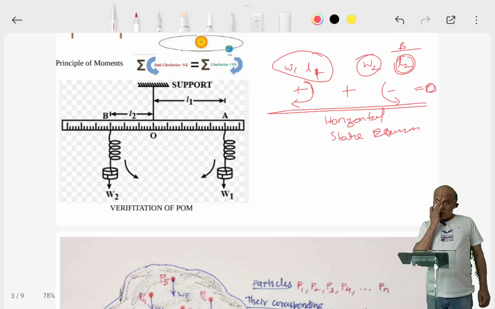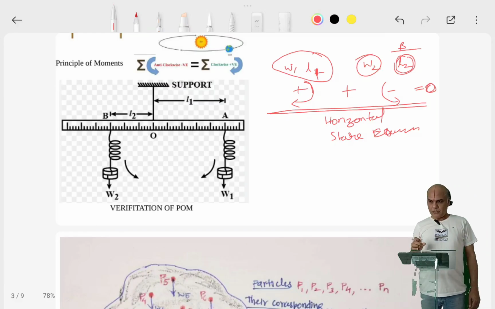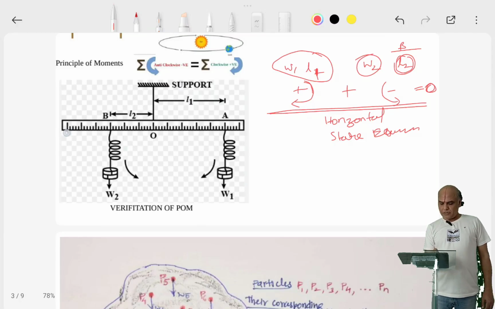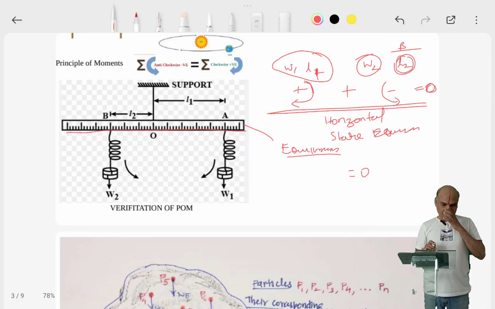So this verifies the principle of moments, which states that the algebraic sum of all moments when the body is in equilibrium is 0. So when the scale attains horizontal position and is stable, we are attaining equilibrium. So under equilibrium state, the algebraic sum of moments should equal 0. That is what has been verified.